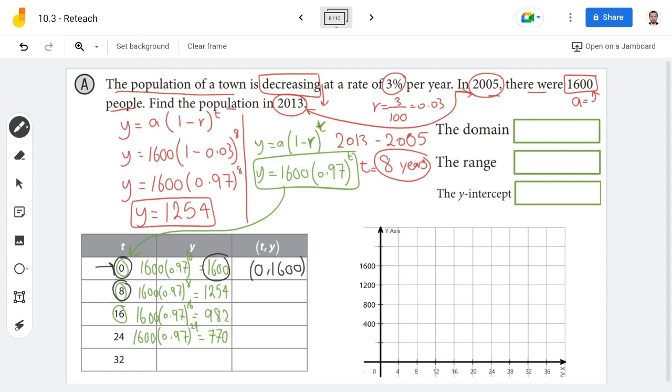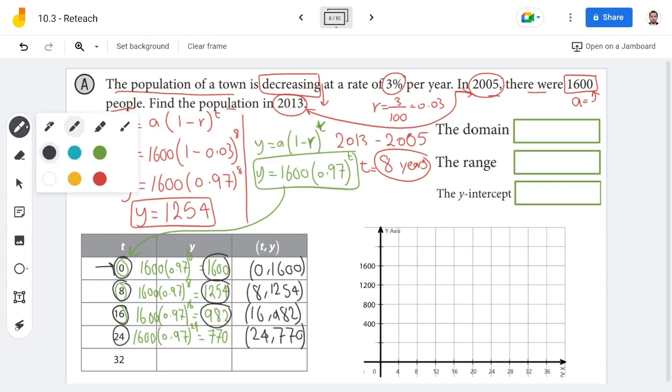The second is 8 and 1,254. Then we have 16 and 982. Then we have 24 and 770. So now let's plot the points on the graph.